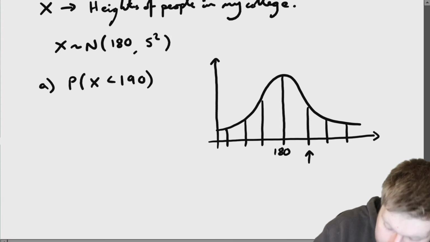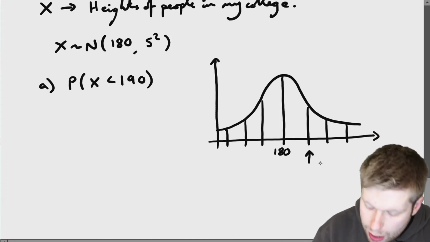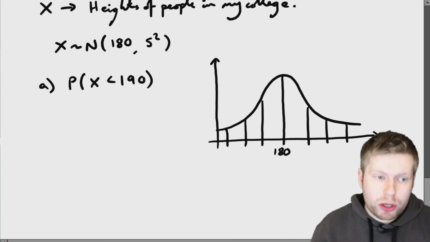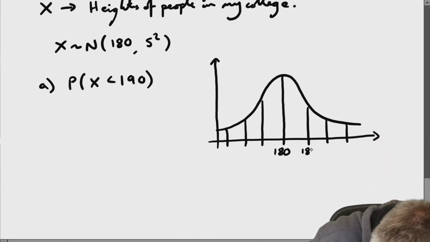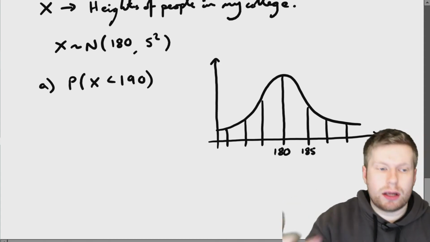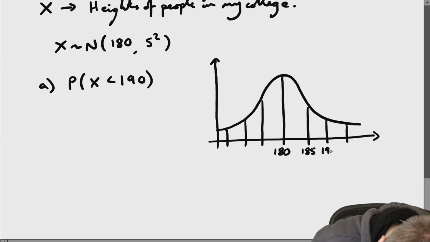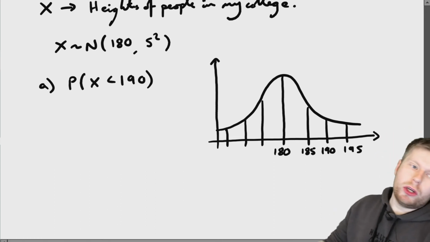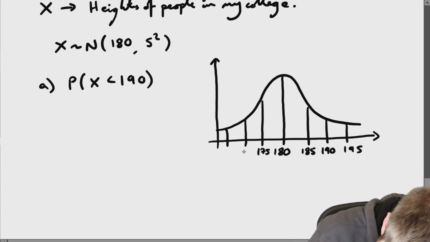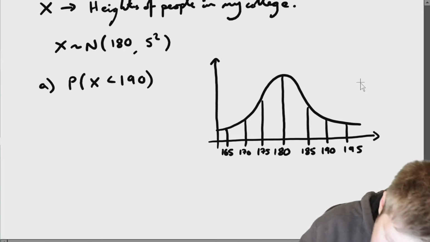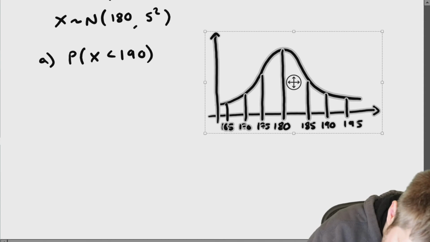One standard deviation above the mean is 180 plus 5, that's 185. Another 5 gives 190, and then 195. In the other direction, one standard deviation below the mean is 175, then 170 and 165. So I'm literally looking at this as units of standard deviation.